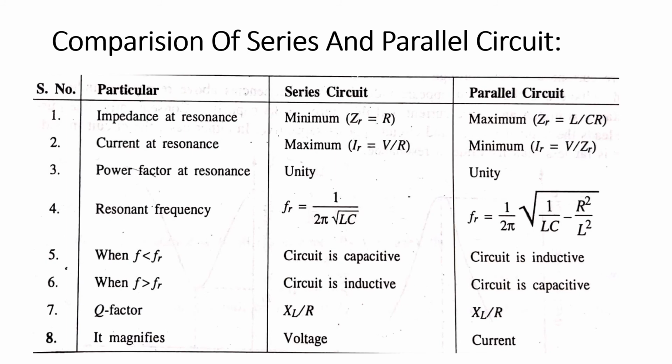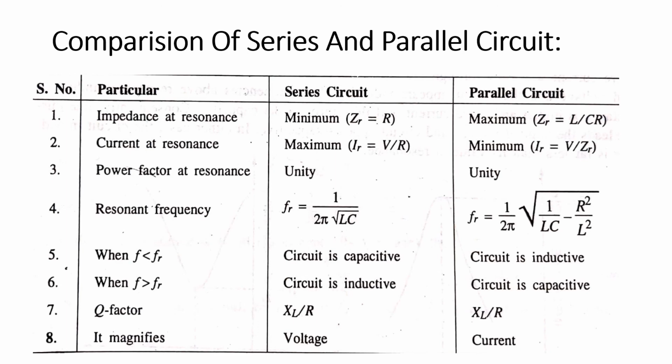In the series circuit, it is maximum, IR equal to V upon R, and in the parallel circuit it is minimum, IR equal to V upon ZR. Power factor at resonance in both cases is unity. The resonance frequency FR equal to 1 upon 2 pi under root LC for the series circuit, and for the parallel circuit FR equal to 1 upon 2 pi under root of 1 upon LC minus R square upon L square.